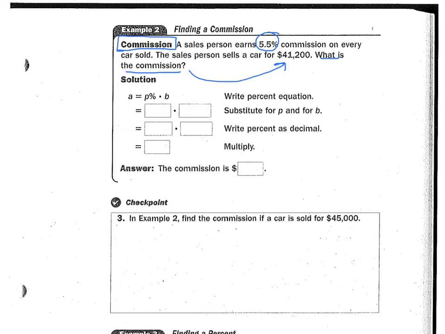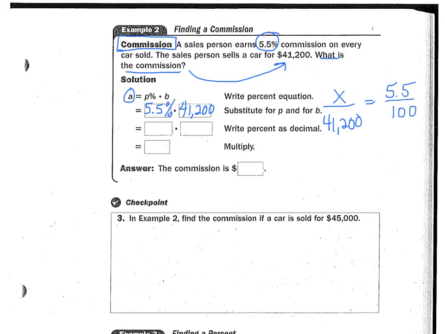Again, a is unknown: 5.5% of the $41,200. Or you could put the part we don't know over the total equals the percent over 100, and solve it either way.